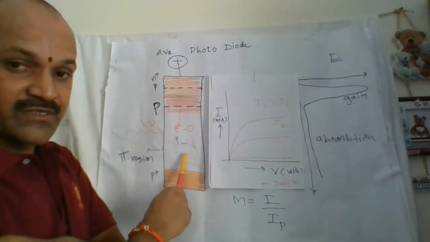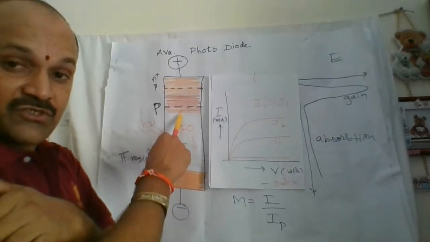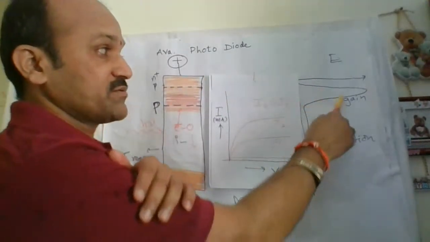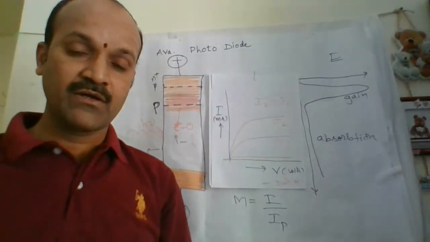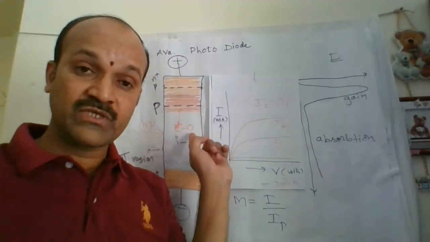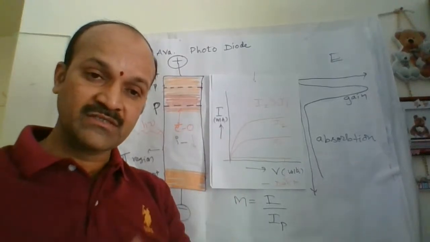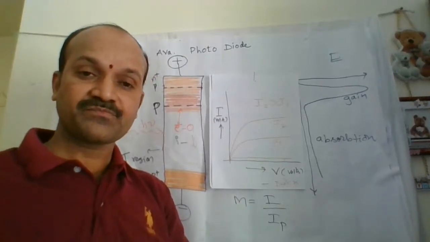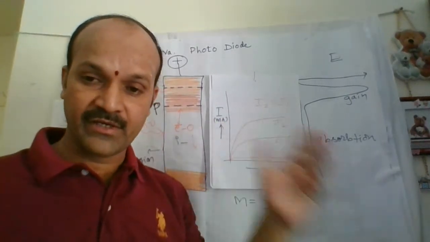Minority charge carriers are present, and they are arranged not to cross this depletion region. That's why there we don't get any dark current. That's why we use the avalanche photodiode to measure low intensity optical signals. Clear? So this is the story of the PIN diode.